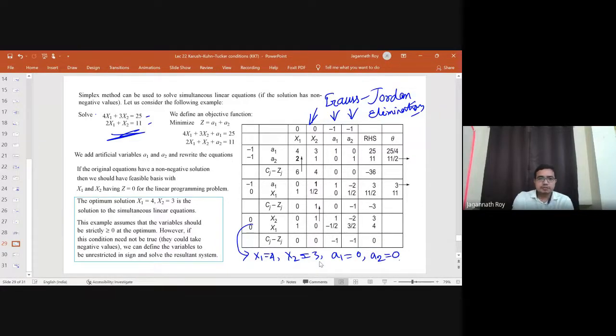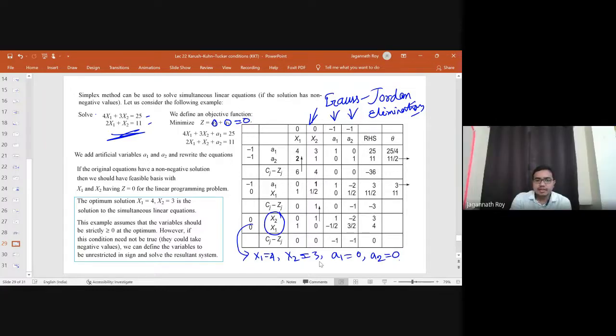If you substitute these values as 0 at the optimum level, the minimum z is 0. Our target is to make the minimum z equal to 0, and to find out x1 and x2.